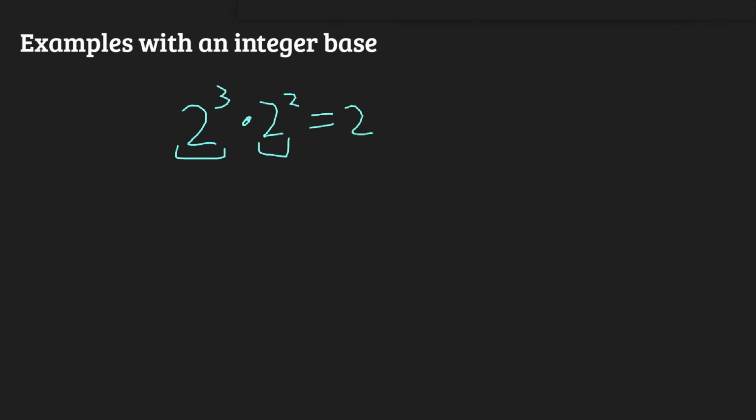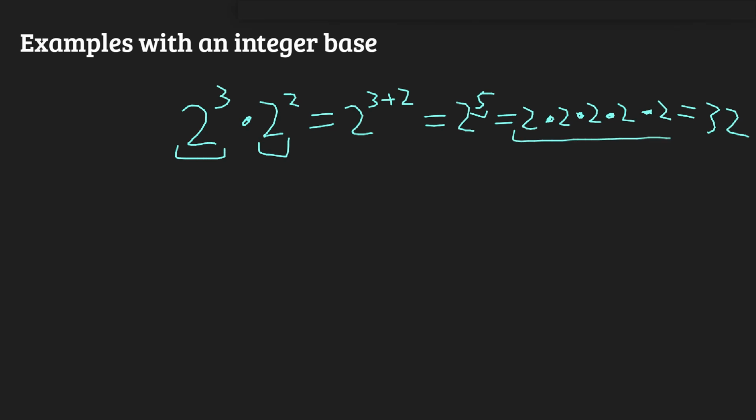So this is the same as 2 to the power of 3 plus 2, which is equal to 2 to the power of 5. And 2 to the power of 5 is 2 times 2 times 2 times 2 times 2, which is equal to 32. Remember, 2 to the 5 means we are multiplying 2 five times.